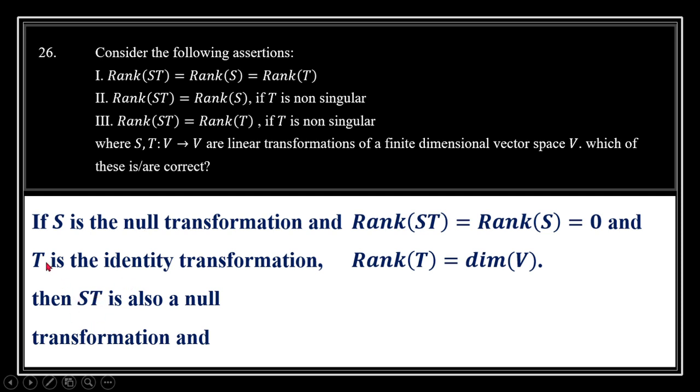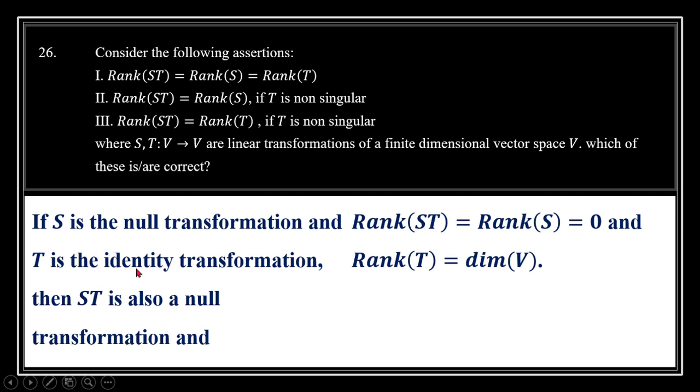While rank of T is equal to dimension of V and kernel of T is equal to the singleton 0 vector, means its nullity is 0. So what we get? Rank of ST is equal to rank of S is equal to 0, and rank of T is equal to dimension of V. Means in this case, we get rank of ST is equal to rank of S, where T is the identity transformation. T is the identity transformation means it is non-singular.